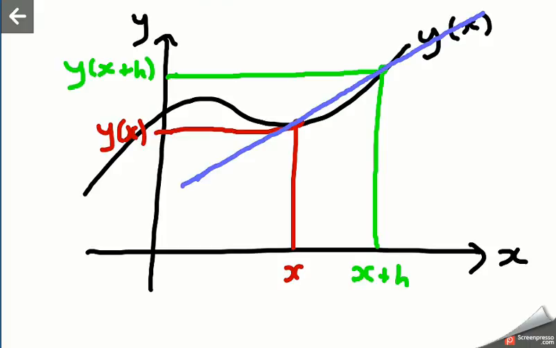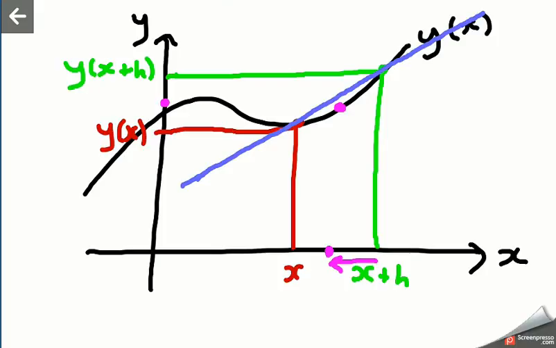Okay, so let's bring h in. So this is kind of the new x plus h, that point there. And so when we go up to our graph, we're going to hit about here, and on our y-axis, we would hit about here.